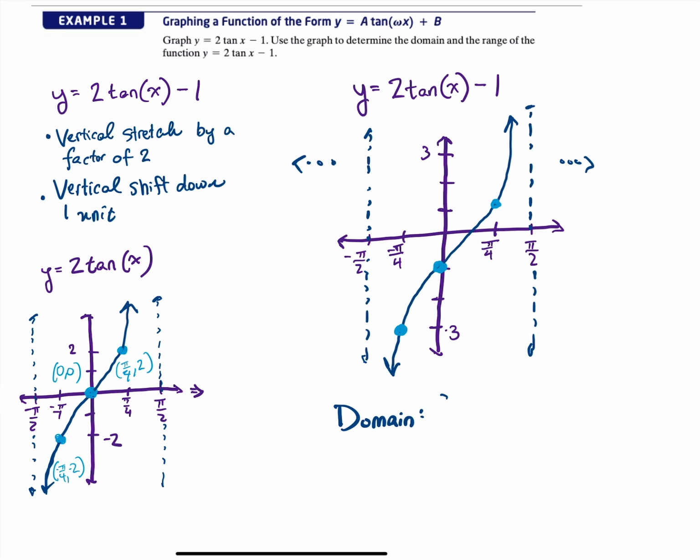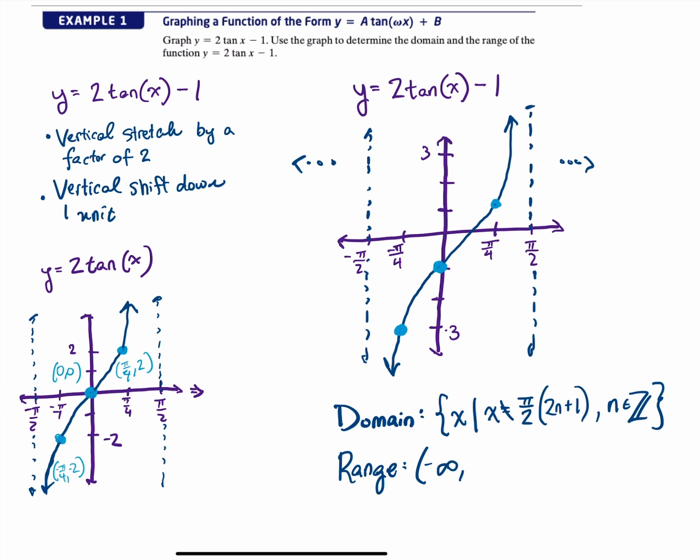So build a statement like before: all values x such that x is not equal to odd multiples of pi over 2. So I can say pi over 2 times 2n plus 1, where n is an element of the set of all integers. And then the range will still be from negative infinity to positive infinity.